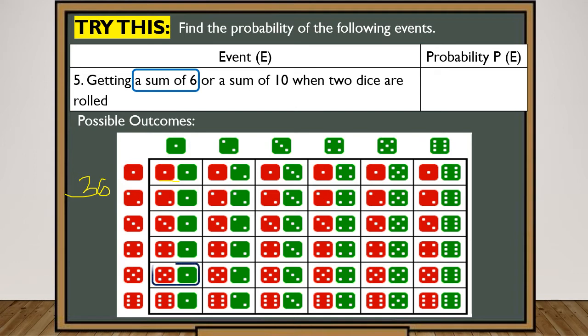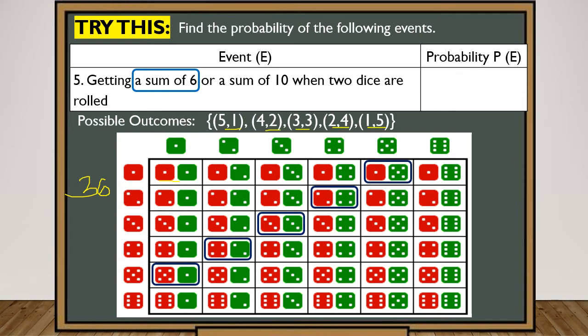First is 5 and 1. 5 plus 1 is 6. Another one is 4 and 2. Another one, 3 and 3, 2 and 4, and also 1 and 5. How many possible outcomes do we have with a sum of 6? 1, 2, 3, 4, 5.